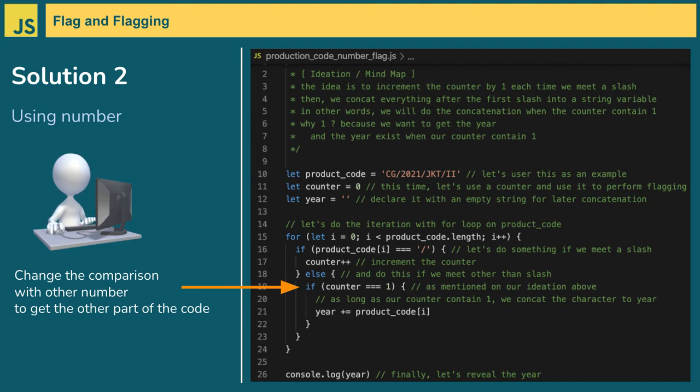You can change 1 into 0, and if you want to get the city, you just have to change 1 into 2, and if you want to get the quarter, you just have to change 1 into 3. And if you change into numbers other than those mentioned, you will get nothing. The year will remain empty, because you don't hit the number.